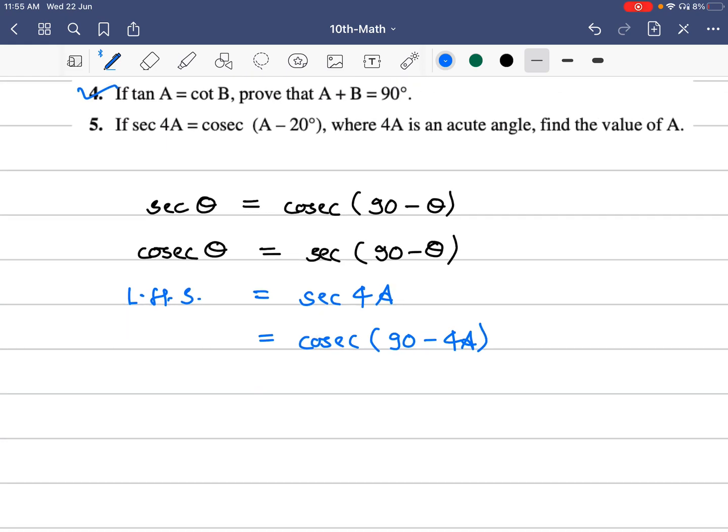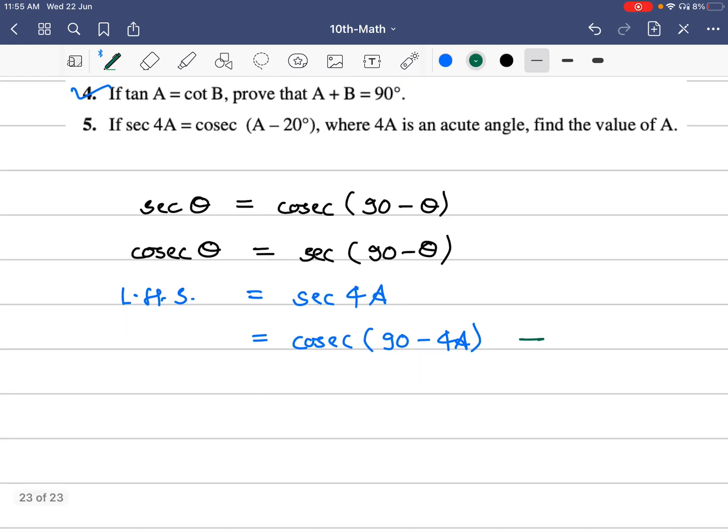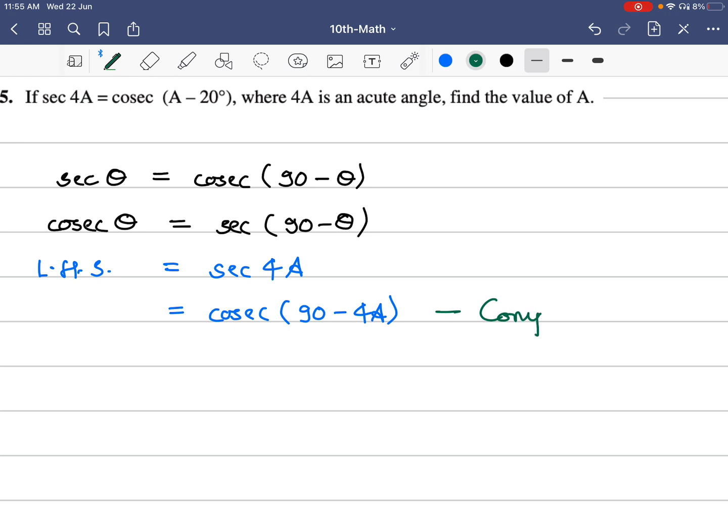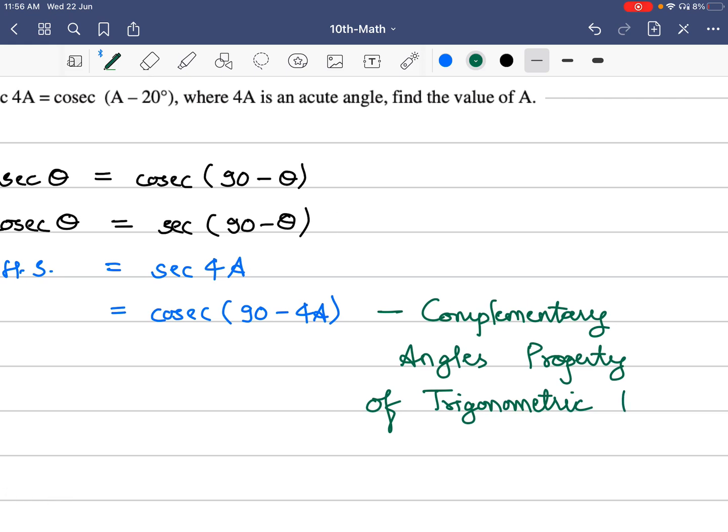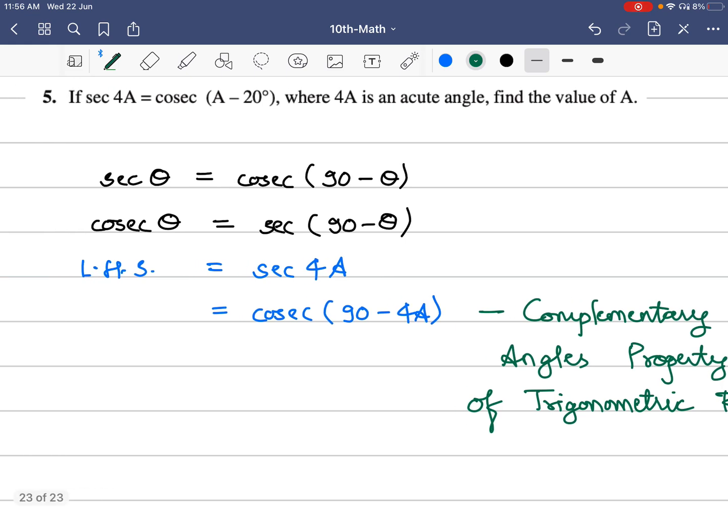And the reason behind this is the complementary angles property of trigonometric ratios. So this is my left hand side, cosec of 90 minus 4A.